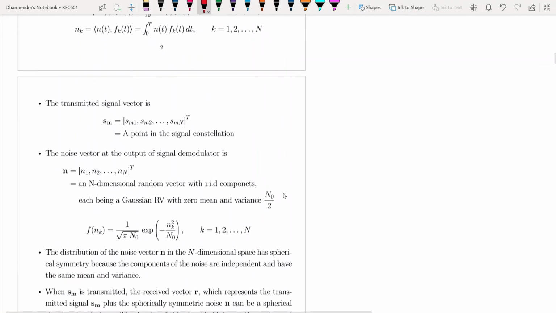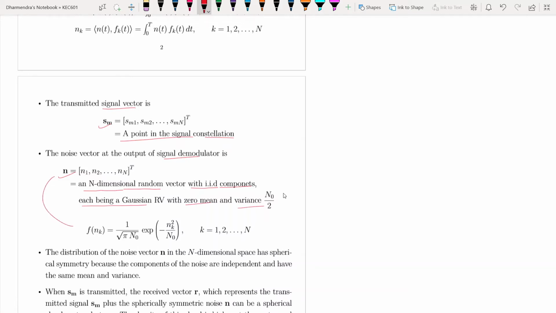The transmitted signal vector, also known as Sm, is a point in the constellation diagram. The noise vector at the output of the signal demodulator is n-dimensional. It is an n-dimensional random vector with independent identically distributed components, N1, N2, and so on, each being a Gaussian random variable with zero mean and variance N0 by 2.